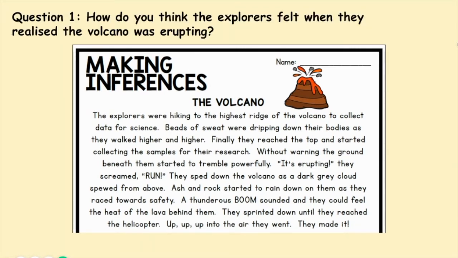Now, question number 1 is, how do you think the explorers felt when they realized the volcano was erupting? When I use my graphic organizer, I need to think about what the text tells me. What are the clues? What is the information that has been given to me?